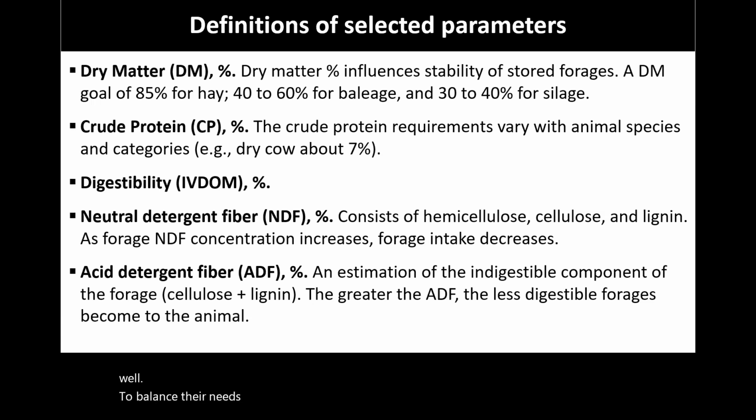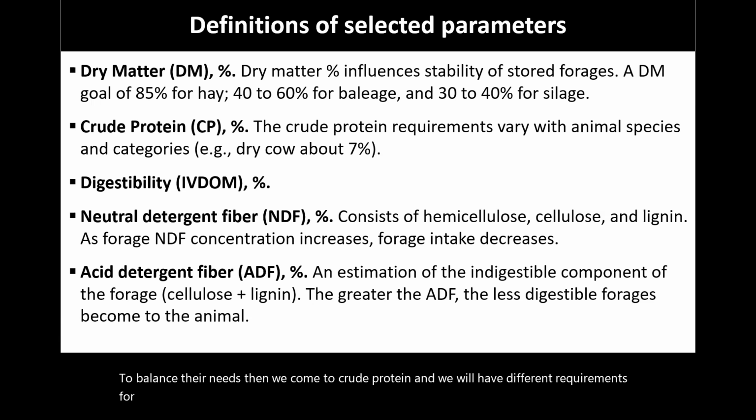Then we come to crude protein, and we will have different requirements for different animal species and categories. Generally, most animals will need around 12–15%, or even lower in some cases.